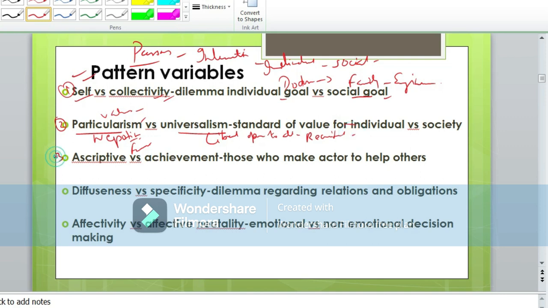Third is ascription versus achievement. So those actors who take traditional values or cultural perspective in their life, and the modern society, which takes into account talent, knowledge and achievement.